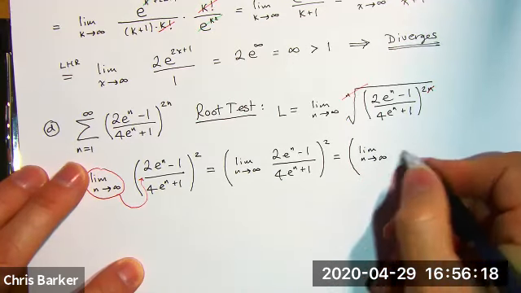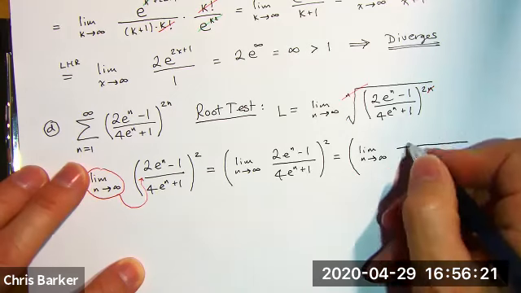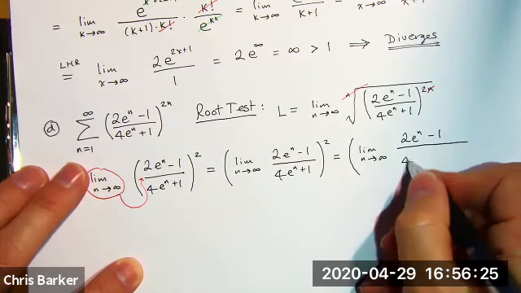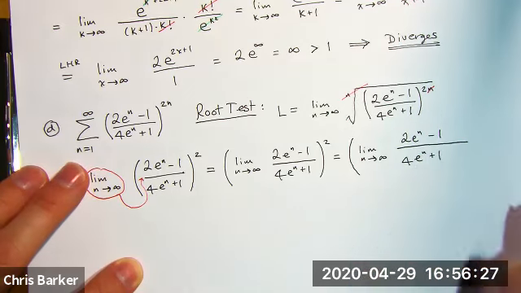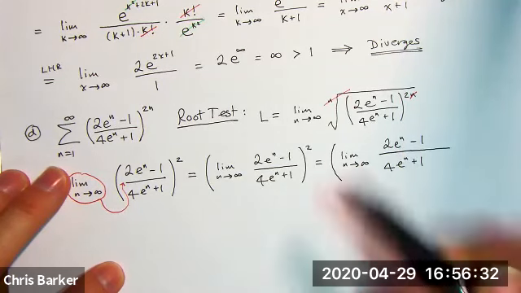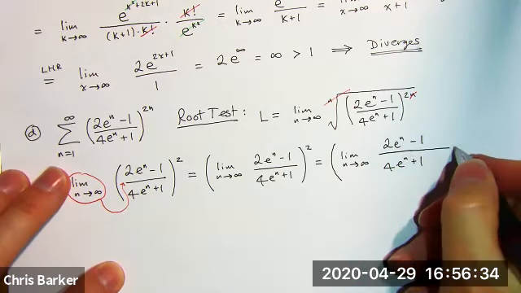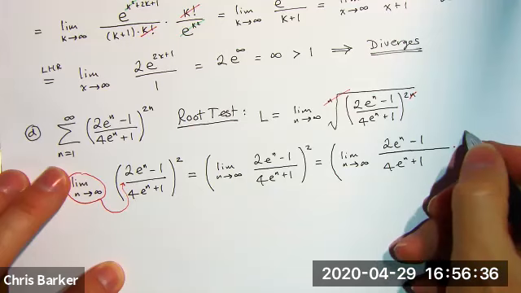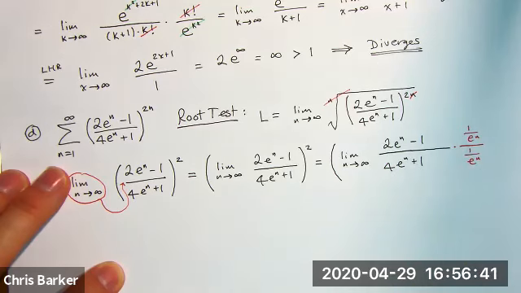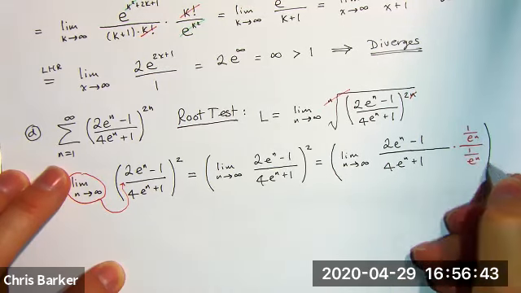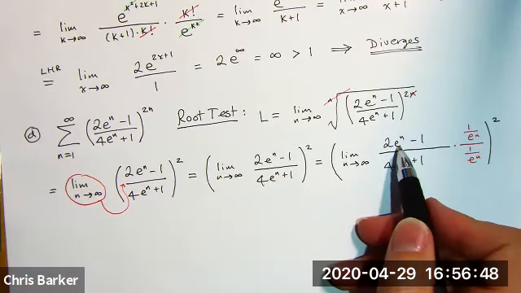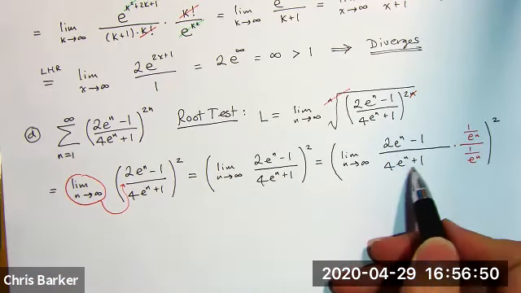is use a trick that your book has shown you in the past, and that's to multiply top and bottom of the fraction by a quantity that would kill the biggest powers. In this case, the biggest power is e to the n. So I could multiply top and bottom by 1 over e to the n. The whole thing is still squared. What that does is it drives any appearance of n into the denominators of various terms.